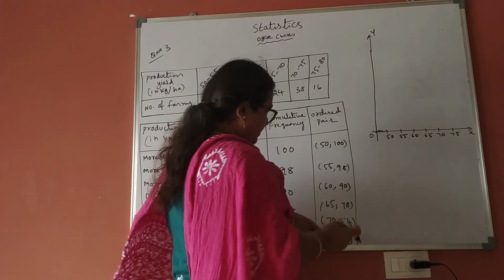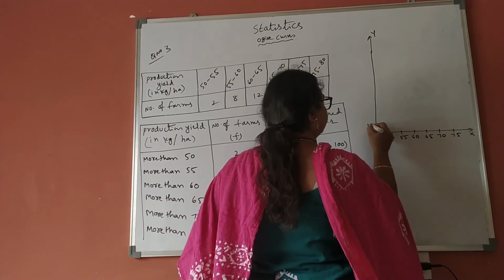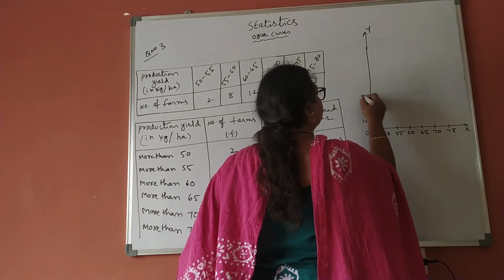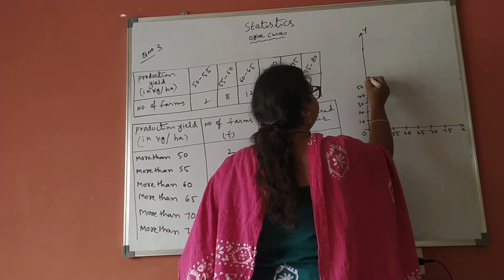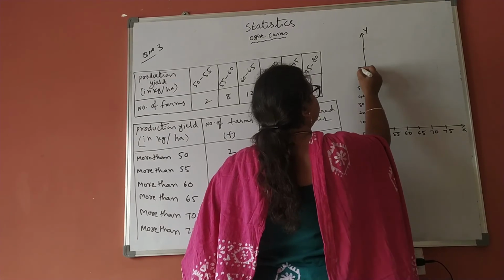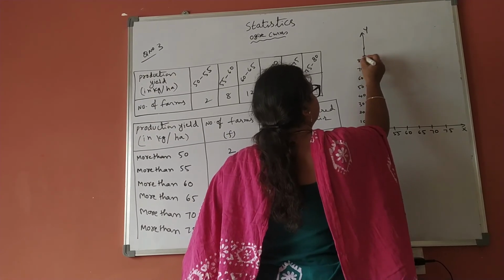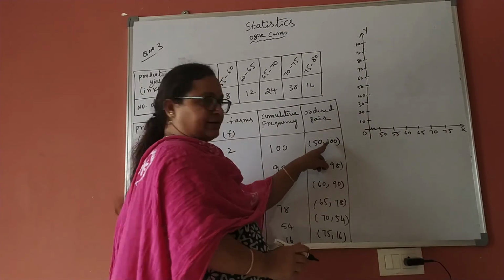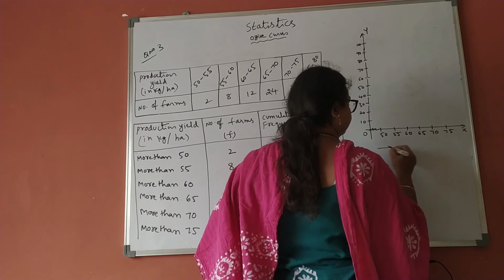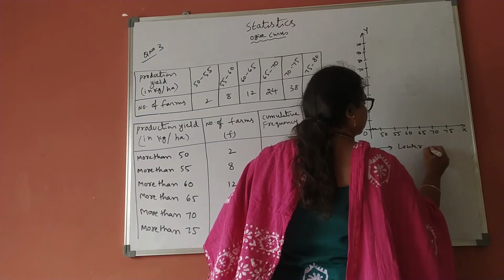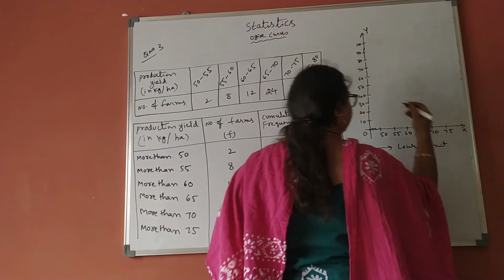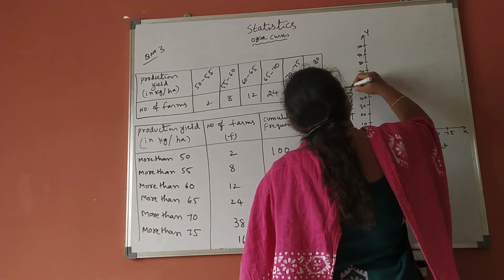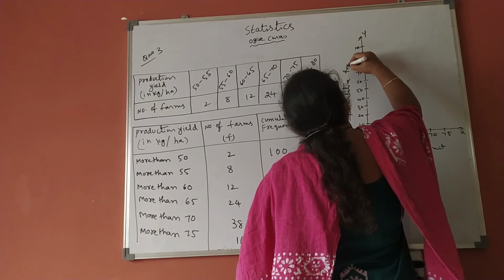And here 10 we will take: 10, 20, 30, 40, 50, 60, 70, 80, 90. We require up to 100. This is the lower limit and this is the cumulative frequency.